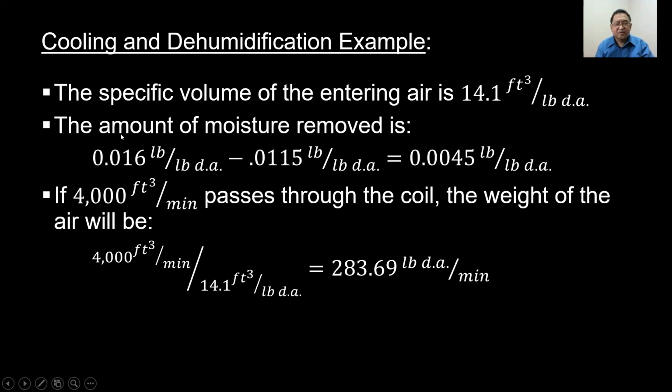If 4,000 cubic feet per minute passes through the coil, the weight of the air will be 4,000 cubic feet per minute divided by 14.1 cubic feet per pound of dry air, which is 283.69 pounds of dry air per minute.